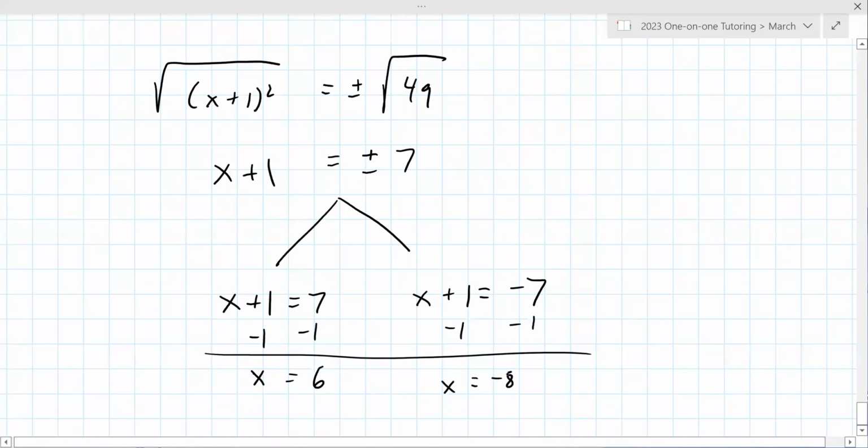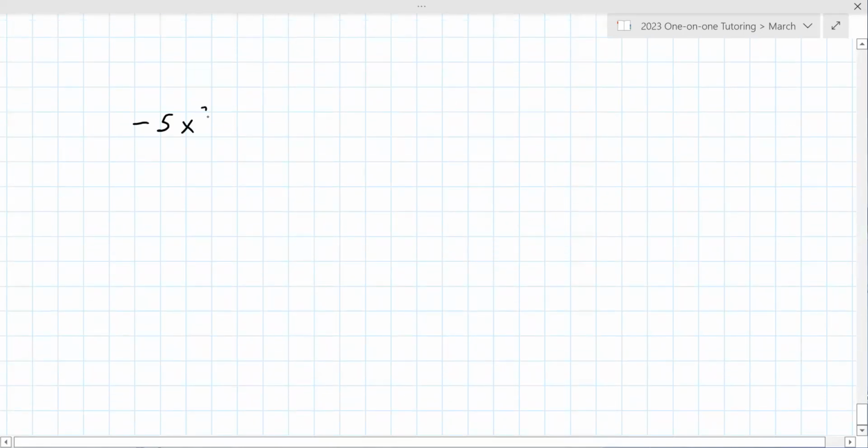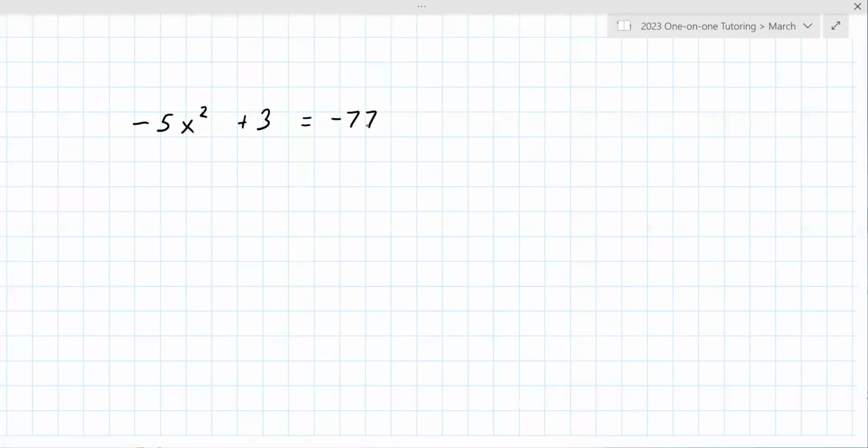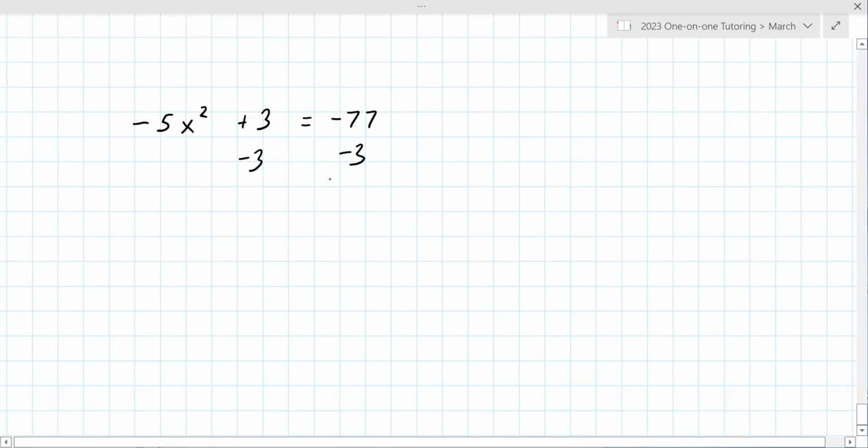Let's see if we can get one more in here. Minus 5x squared plus 3 equals minus 77. You have to isolate the x squared, so first subtract 3 from both sides.